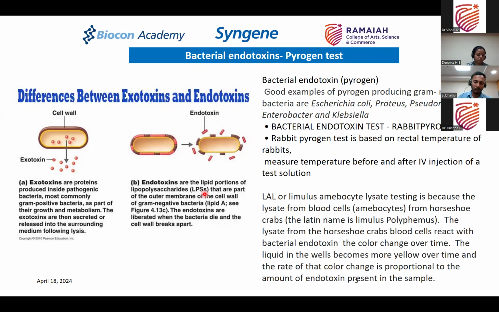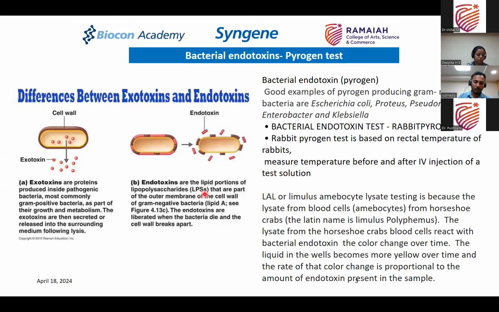If there is any change in color over a period of time, it indicates the presence of endotoxins. So one is the LAL test, the other is the rabbit pyrogen test.